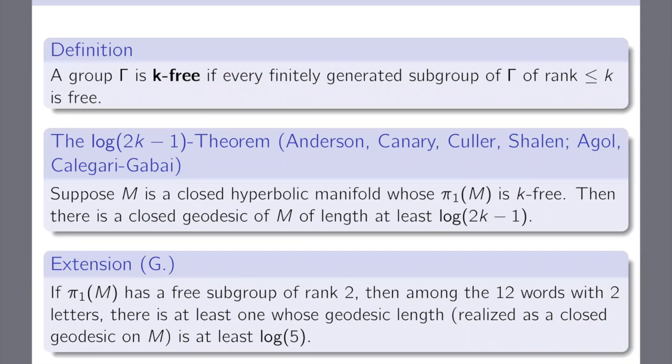To make the statement, though, we need a definition that's above. A group is k-free if every finitely generated subgroup of that group of rank less than or equal to k is free. So if my group is 5-free and I have a finitely generated subgroup of rank 3, then that subgroup is free. Okay.